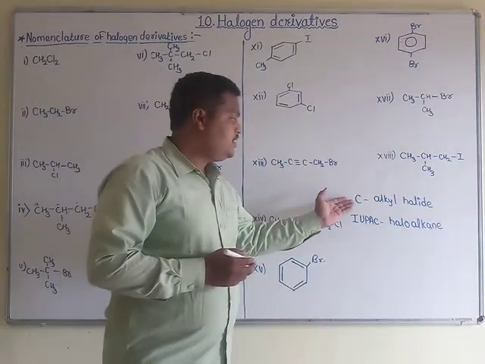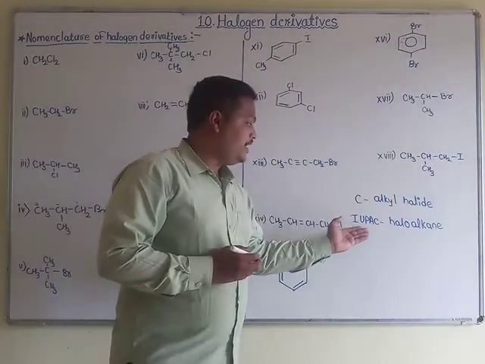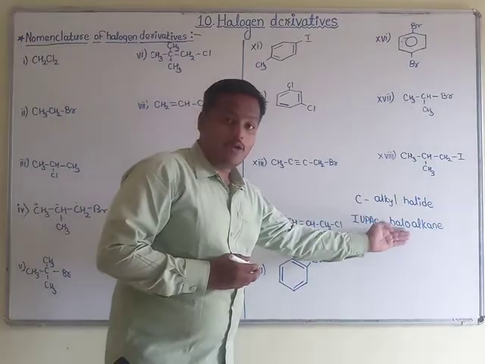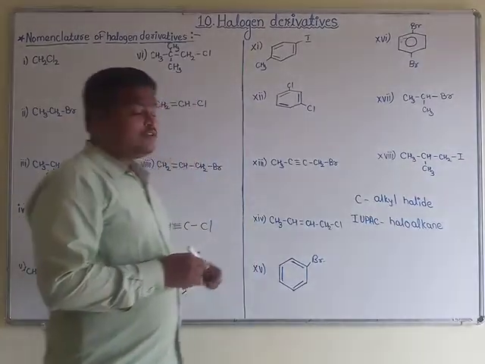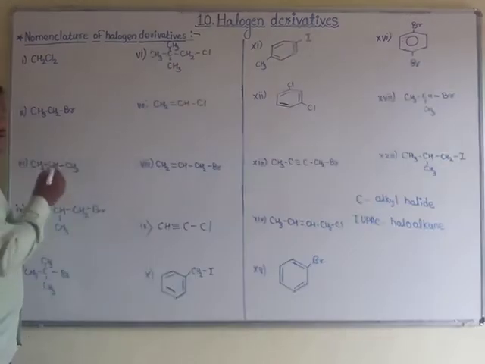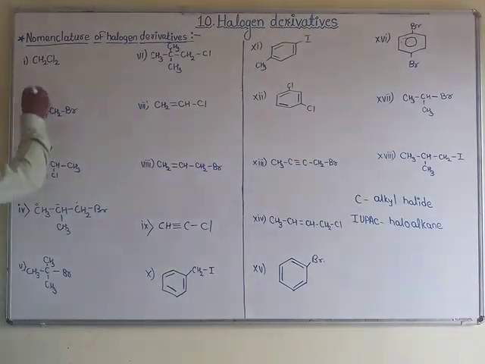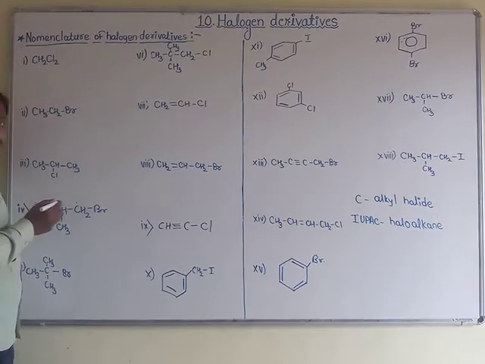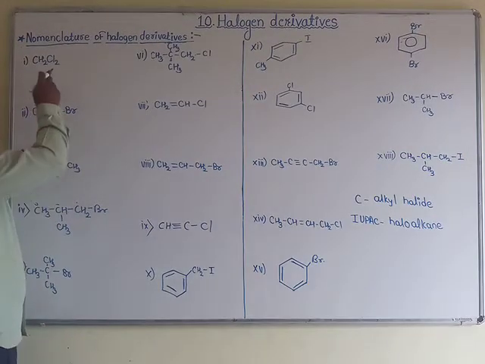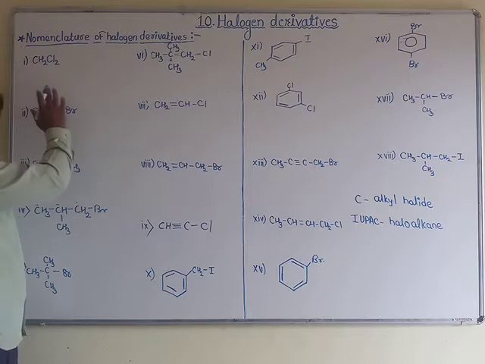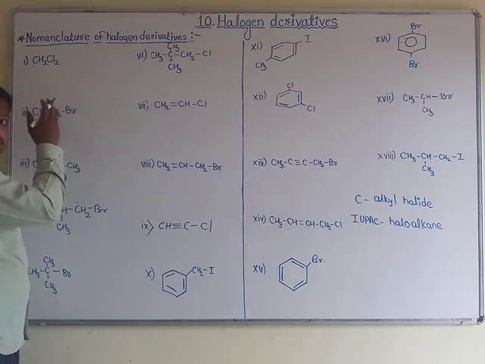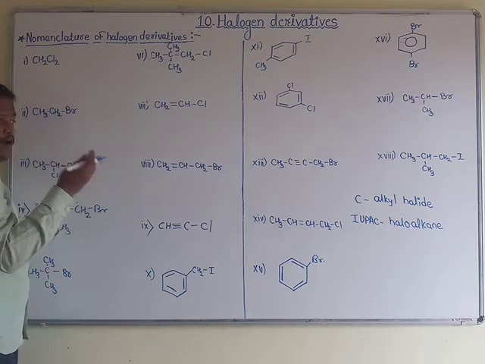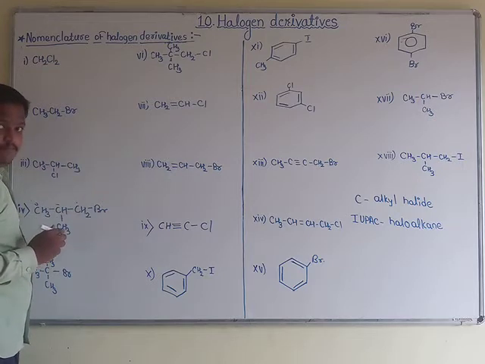The common name is alkyl halide type and the IUPAC name is haloalkane type. Let's see the compounds one by one to get a clear idea about the different types of compounds. First I will give the common name, after that the IUPAC name.